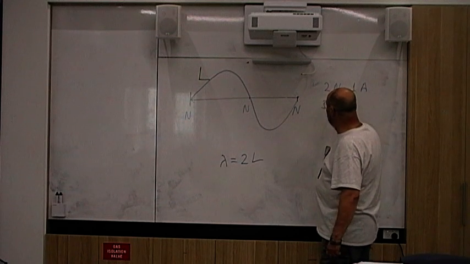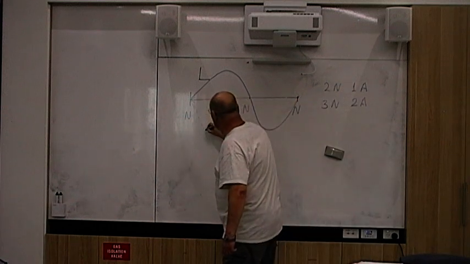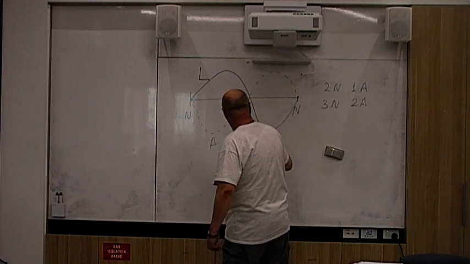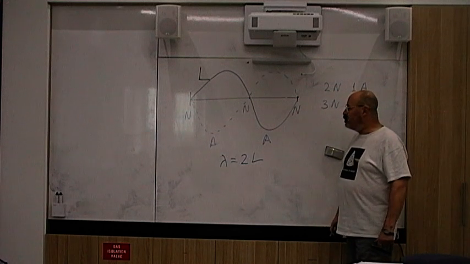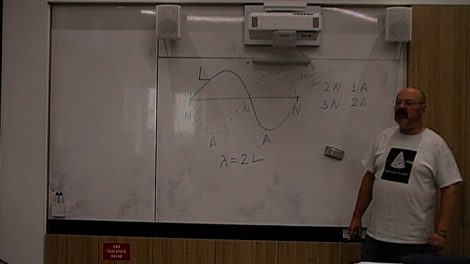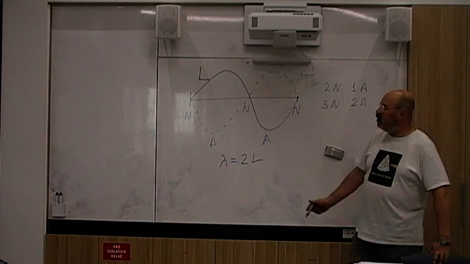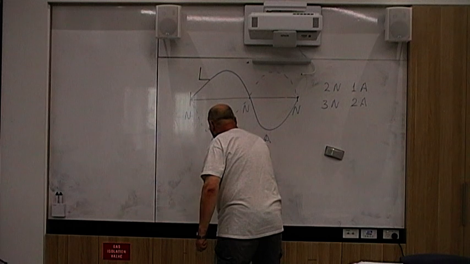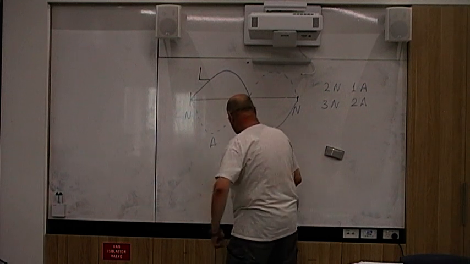Now we have three nodes and two antinodes. So what will be the relationship between wavelength and the length of the string now? They are equal. This is the wavelength and this is the length of the string. So we have 2L over 2, which is equal to L.